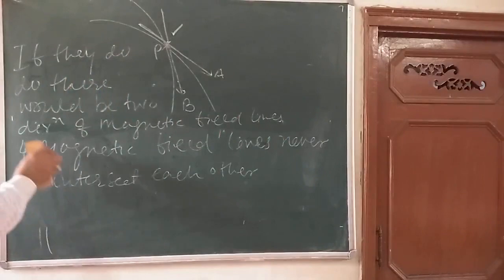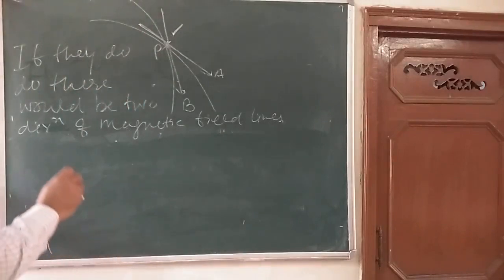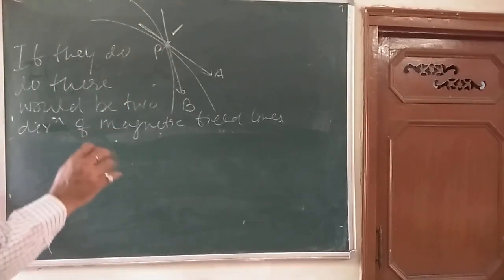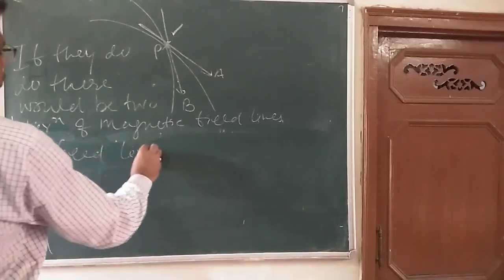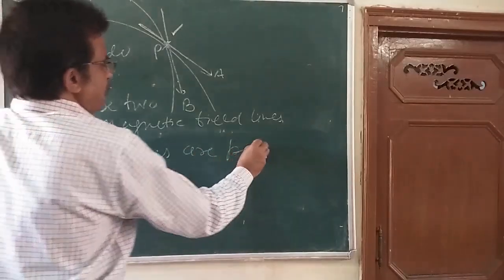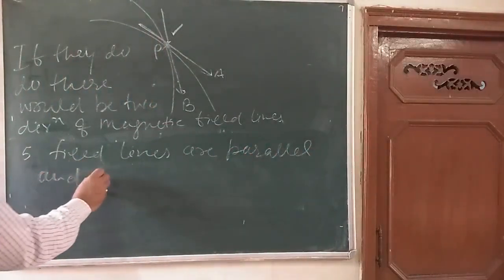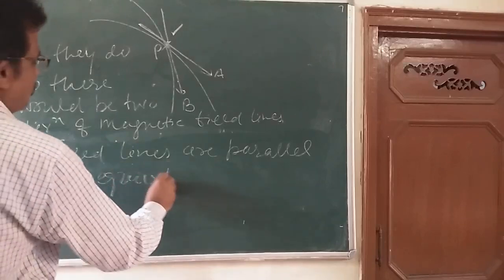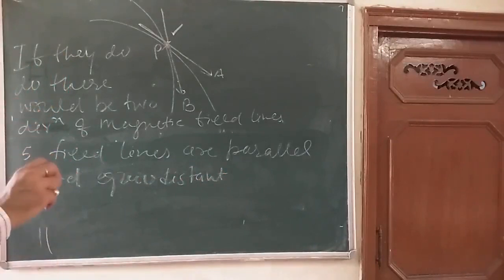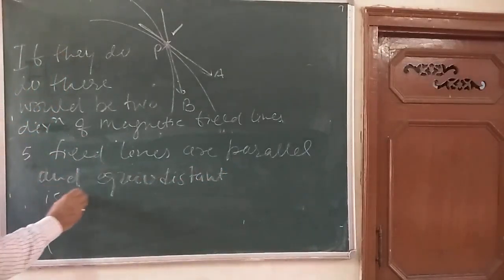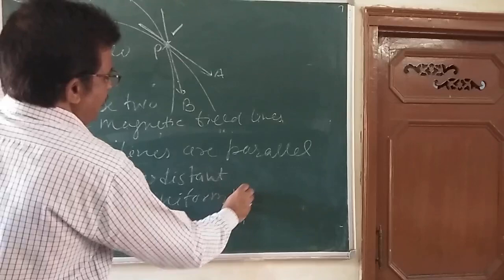Is it clear? Then the last property of magnetic field lines is, in case the field lines are parallel and equidistant, it is called a uniform magnetic field.